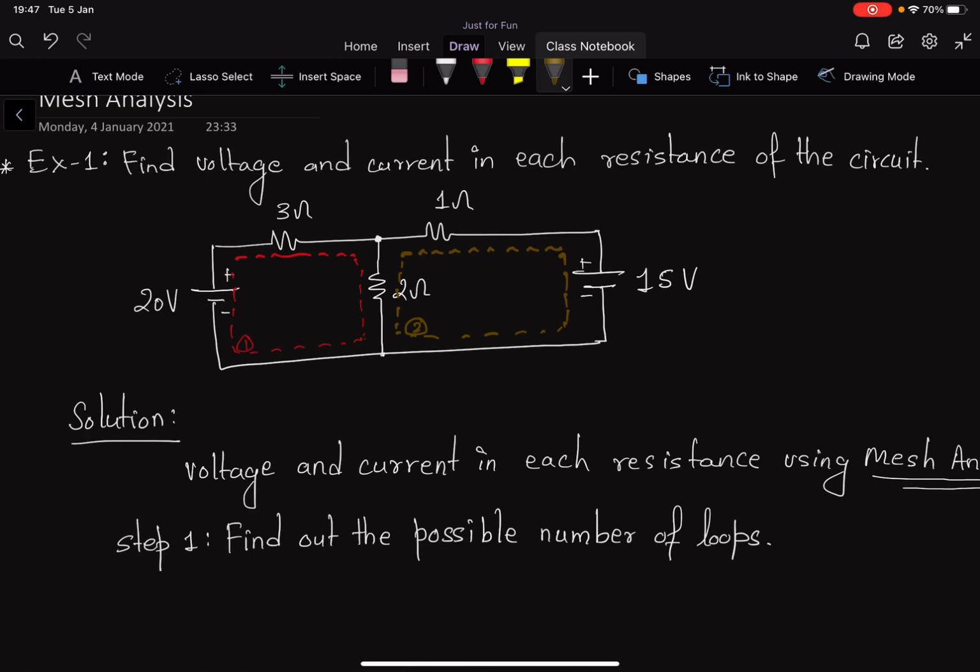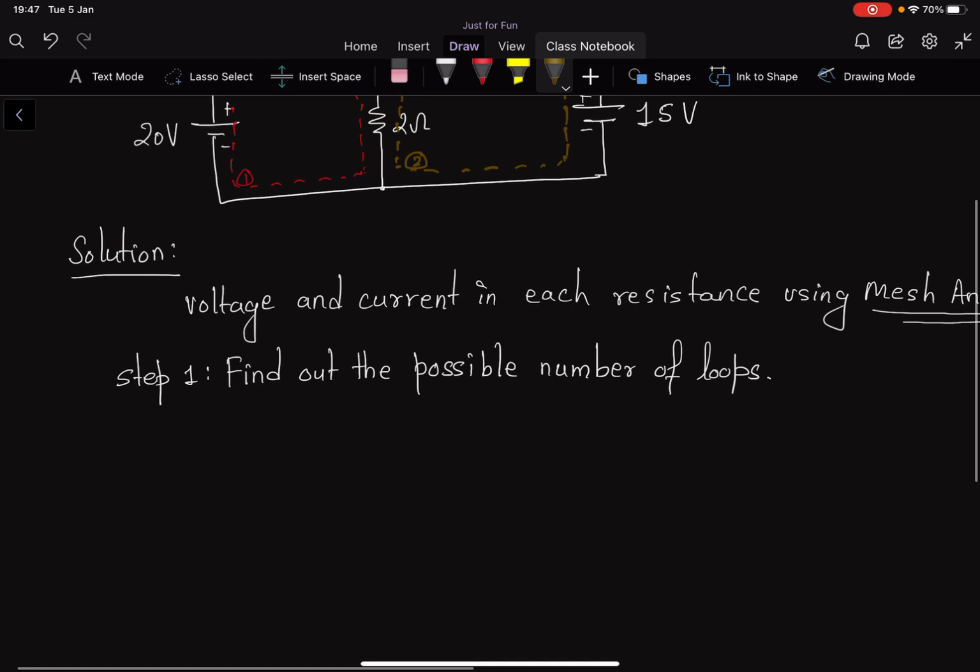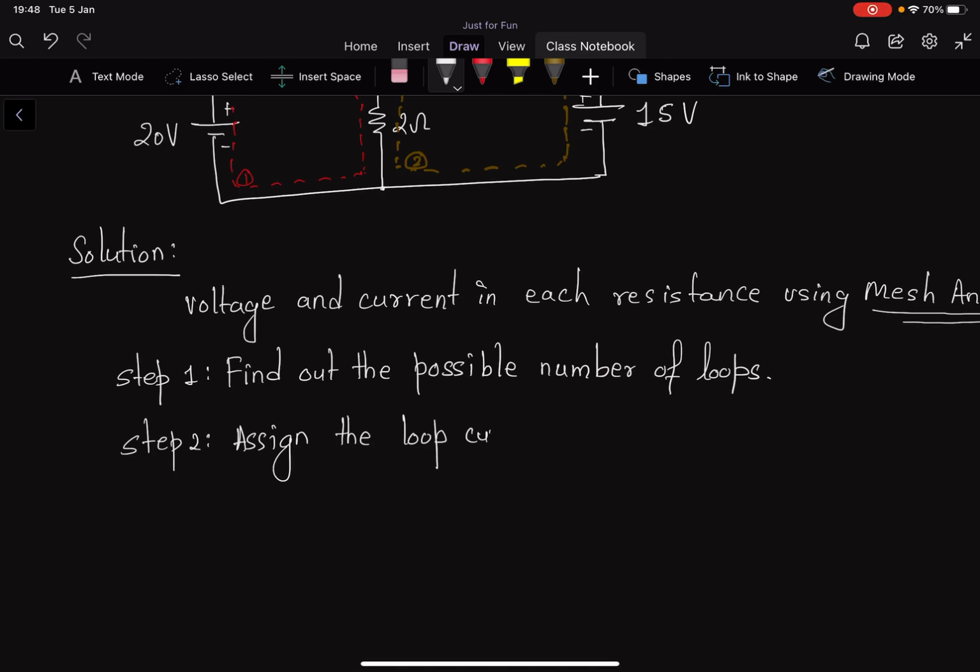So after understanding loop 1 and loop 2, or finding how many loops you have in the circuit, let's write the second step. Step 2 is to assign the loop current along with their direction.